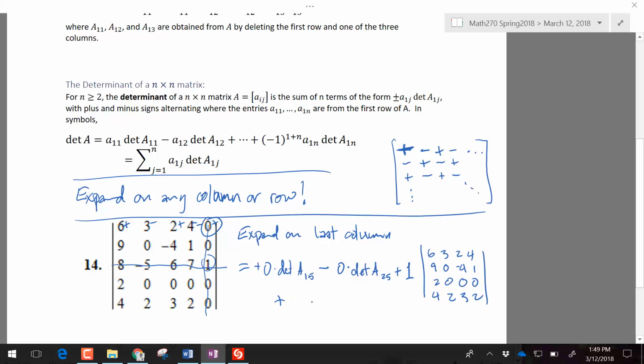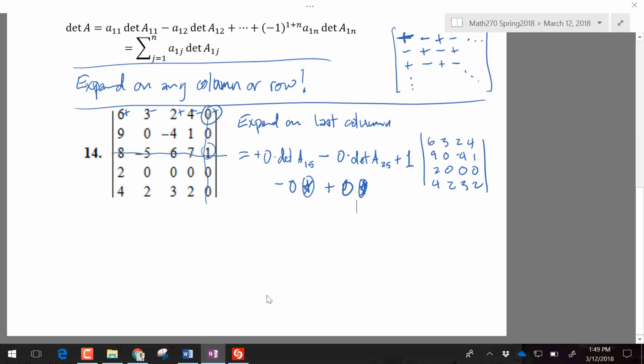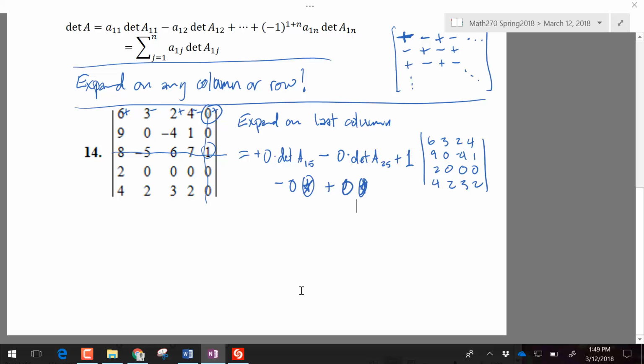Oh, this should be a minus. Minus 0 plus 0. And the stars are those other submatrices that I'm not going to care about because they get multiplied by 0. All right, so this is all I have left.